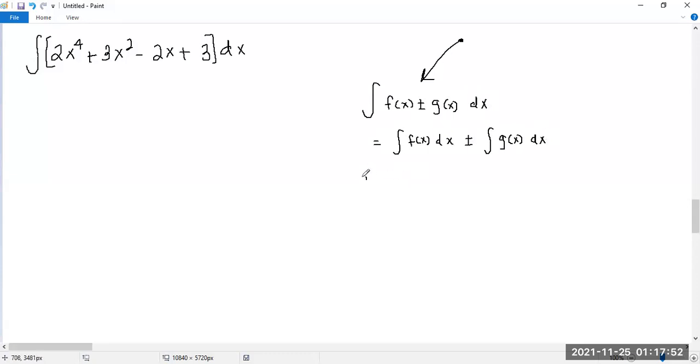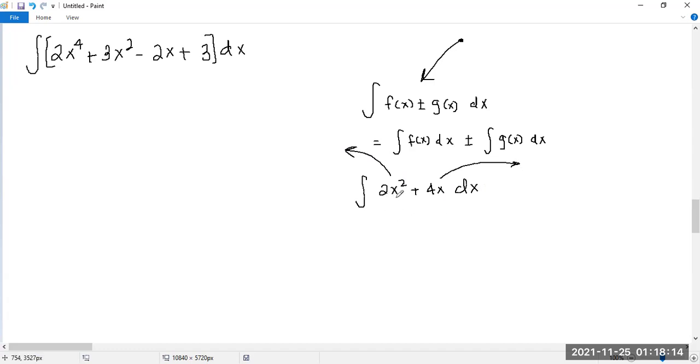So what do I mean by that? I mean, if I had the antiderivative of 2x squared plus 4x squared dx, then essentially what I would do is I would just take the integral of this, and I would just take the integral of this, and then I would just combine them by addition.